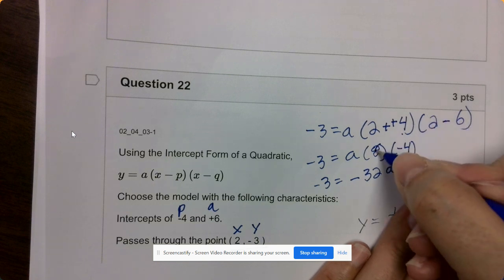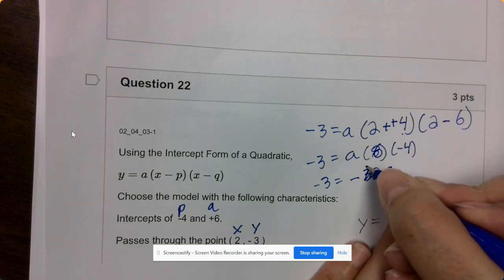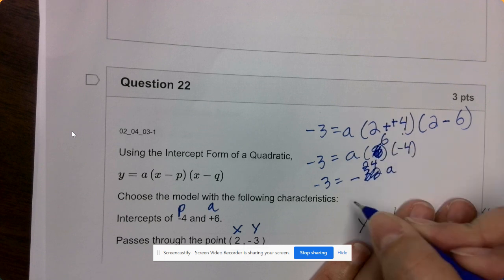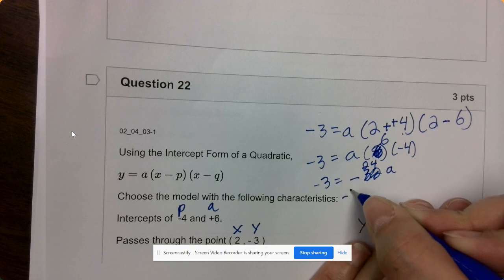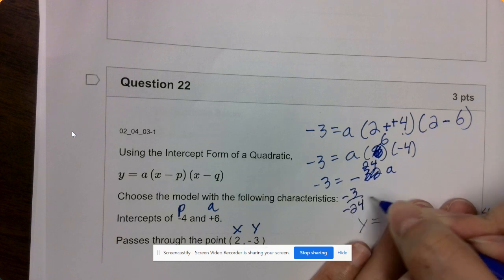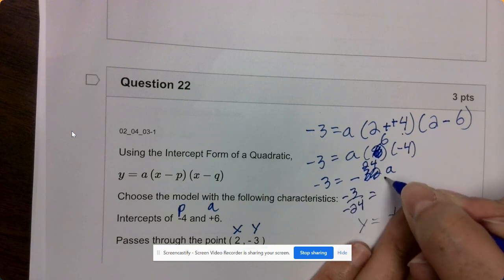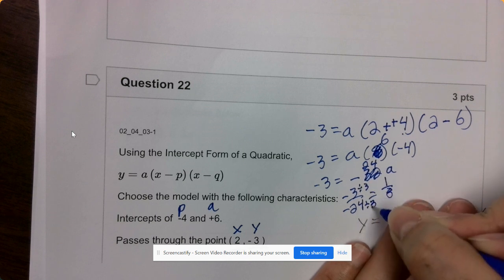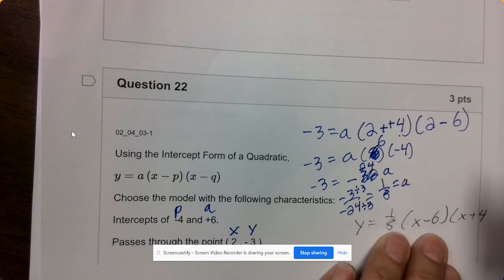And it would help if I did these calculations correct, because that's going to be 24. Sorry, everybody, that would be 6. Okay, so 24. Divide it, so -3 divided by -24 is going to be reduced to 1/8, because I can divide both of these by 3 to get 1/8. So that's what A is going to be.